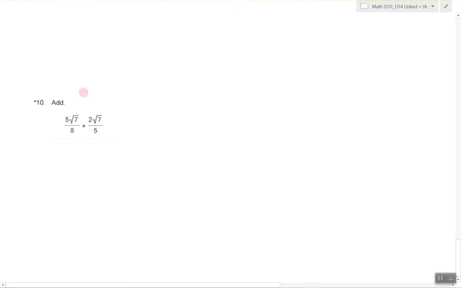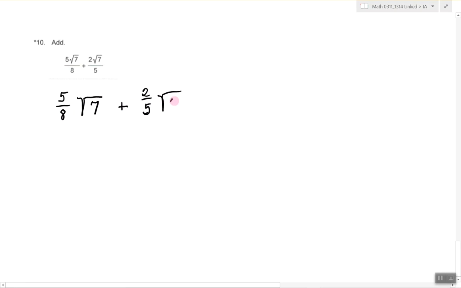All right, this is kind of a short lesson because this is my last problem. I have each one of these, and I'm going to have to do something. Well, I choose to do this. I choose to call this 5/8 times the square root of 7 plus 2/5 times the square root of 7.